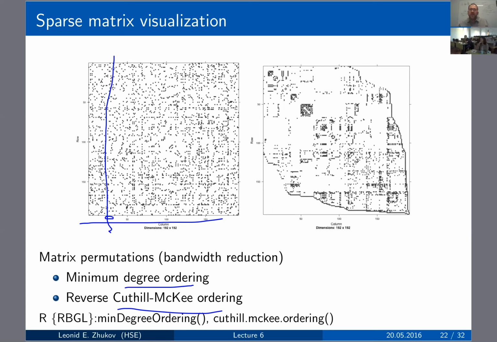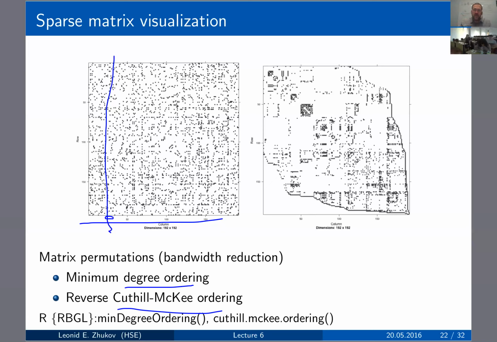It also corresponds to just renumbering the nodes in the graph. Imagine that you can renumber the nodes so that those nodes that are connected get consecutive numbers. If you can do it, then in the matrix format, you will see little blocks.